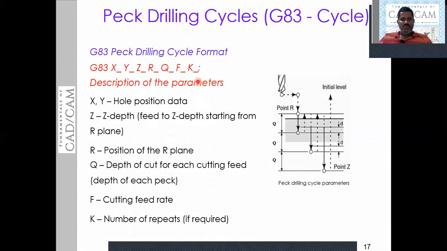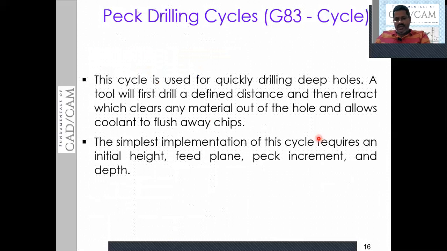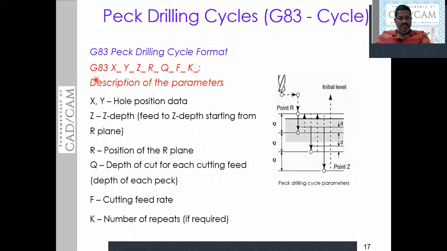Then let me go through what exactly we have discussed as of now. The Peck drilling cycle we have discussed, and it is carried out using a G code, that is G83. And this is exactly the syntax or the format of the Peck drilling cycle that we need to use in the main program. Then we also discussed the parameters in this Peck drilling cycle.